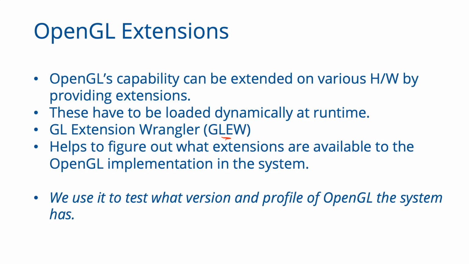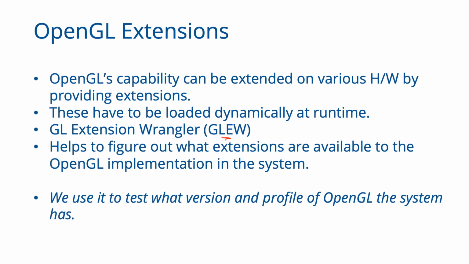We will not actually use any extensions because there is a lot of heterogeneity in the hardware that we are using. So we will not depend upon any extensions. We are only using GLEW to test what version and profile of OpenGL the system has.